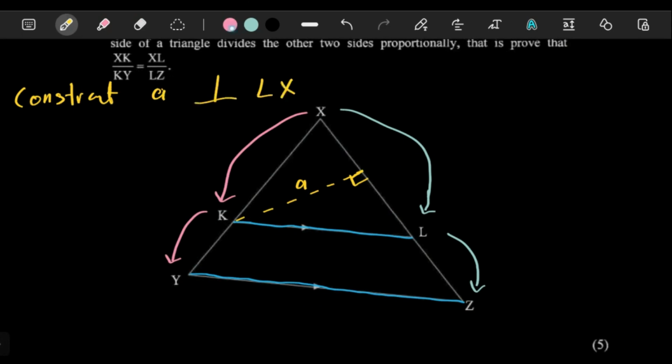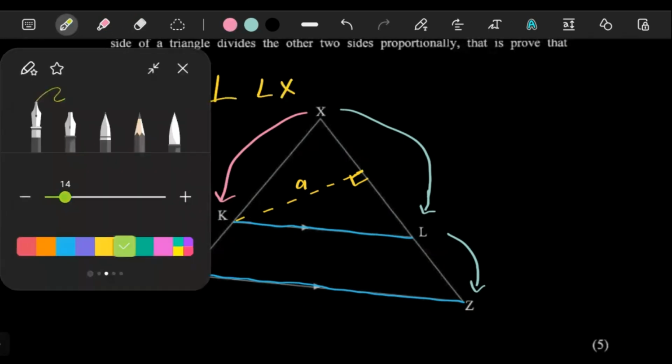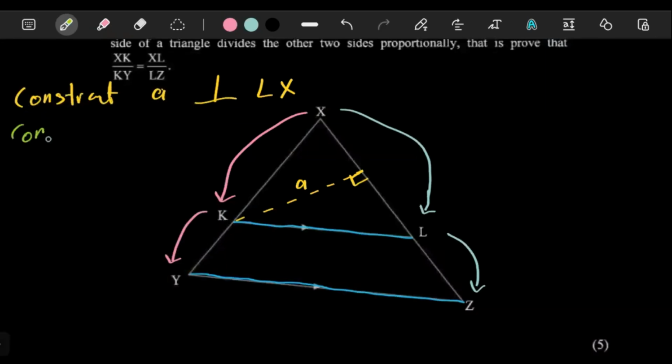That's the first thing. And then you also want to construct B perpendicular to the other line here, B perpendicular to XK. There we go.